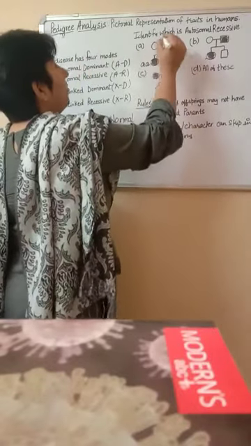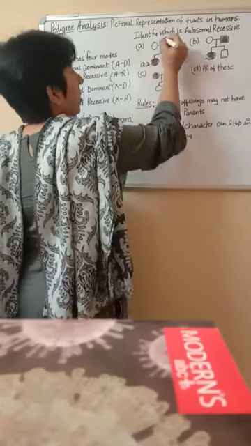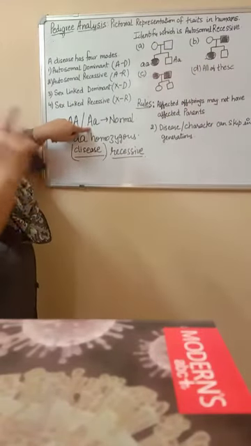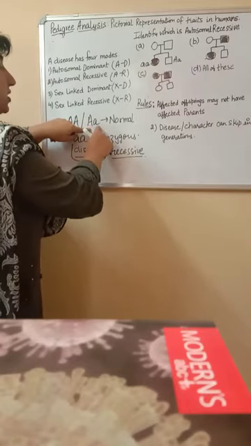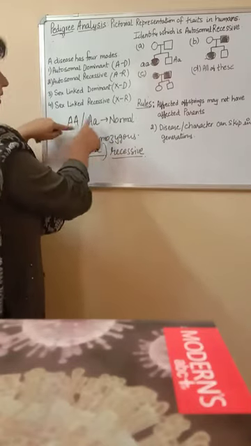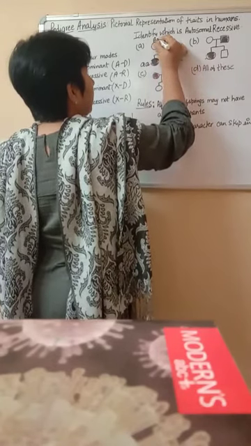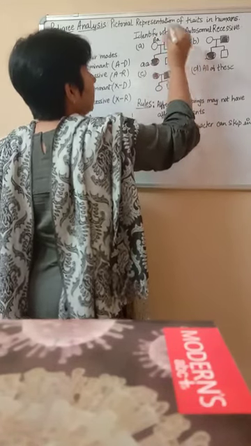And here when I talk about this small a, these two are normal. Normal can have the condition capital A small a, or both capital A. So if we always try to do it with heterozygous, then it's easy to understand.